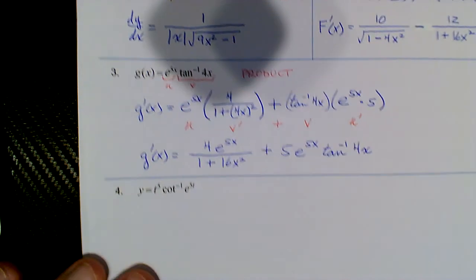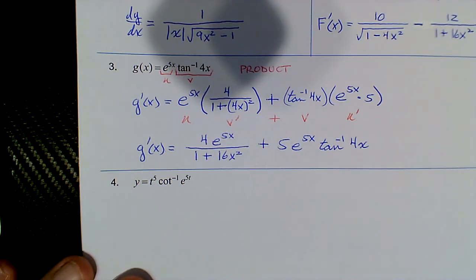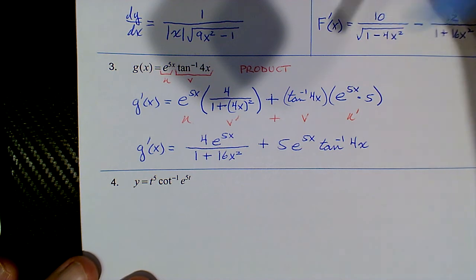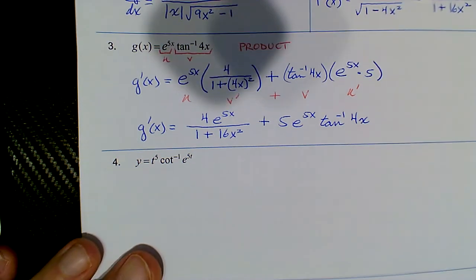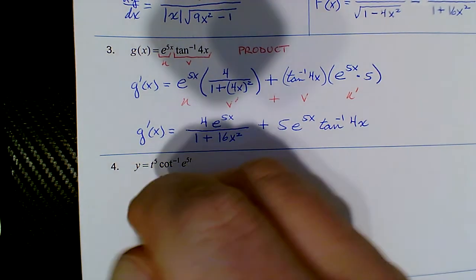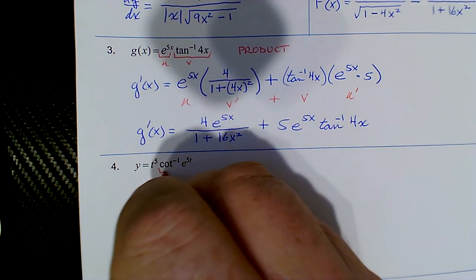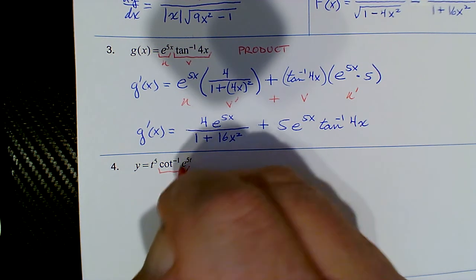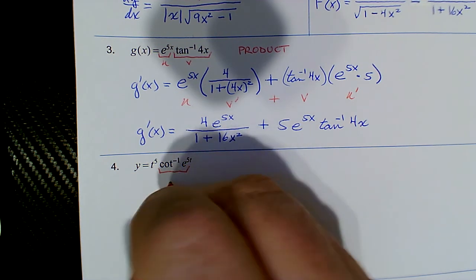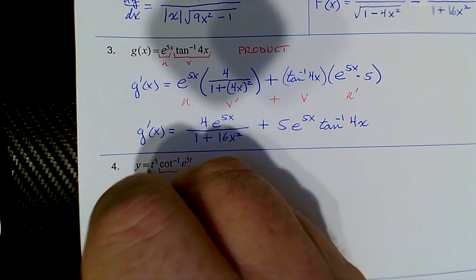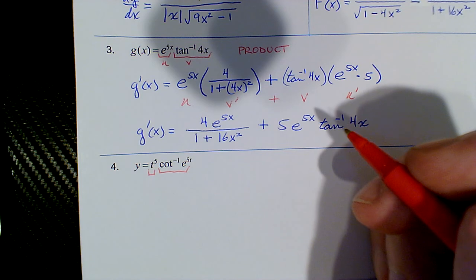Okay, so in number 4, breaking it down, I try to identify the primary rule of differentiation. We have inverse cotangent of this quantity, so that's a function of t on its own, being multiplied obviously by t to the 5th.